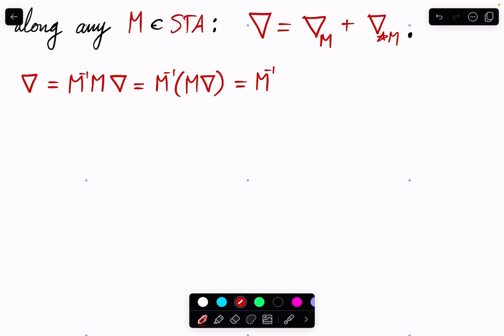If you expand out the geometric product, you have M dot del plus M inverse M wedge del.